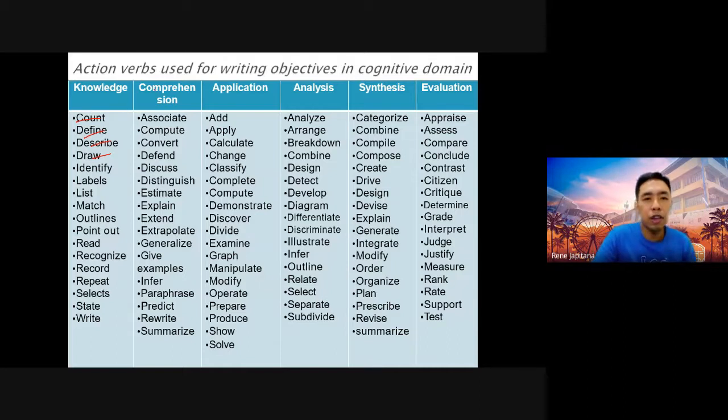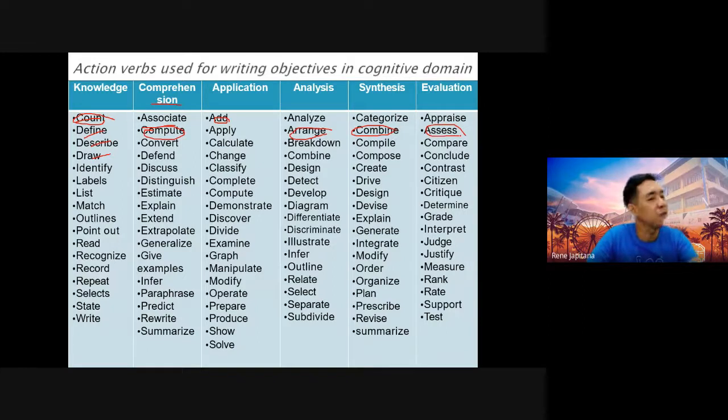If you look at comprehension, the verb being used is higher, like associate. If you compare that to count, here it's compute. So it's a higher degree. So that's only for the knowledge, for the cognitive levels of the words. Application like add, arrange for analysis, for synthesis, combine, and for evaluation, assess.